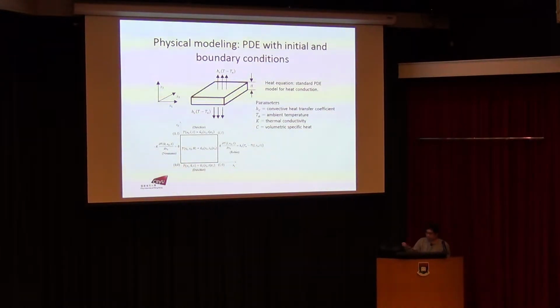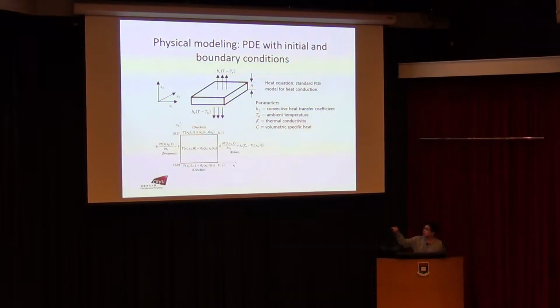At the bottom, where s2 equals 0, the temperature is set equal to a function G1. G1 is a function of the spatial coordinate s1 and time t, and this Dirichlet boundary condition G1 is parameterized by the parameter x1.